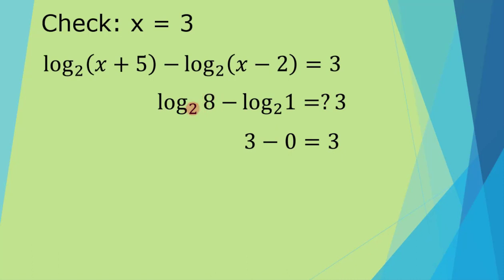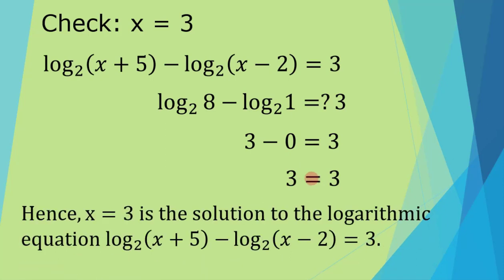So here we know that the exponent that we're going to raise to 2 to make it 8 is 3. So log of 8 to the base 2 is 3. Minus log of 1 to the base 2 is always 0. So 3 minus 0 equals 3. So 3 equals itself. Hence, x equals 3 is the solution to the given logarithmic equation.